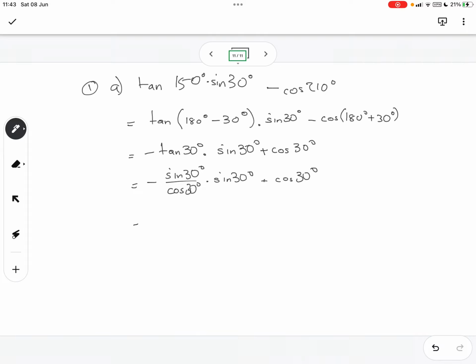Tan is a quotient identity, so that's minus sine 30 degrees over cos 30 degrees times sine 30 degrees plus cos 30 degrees. This is negative.